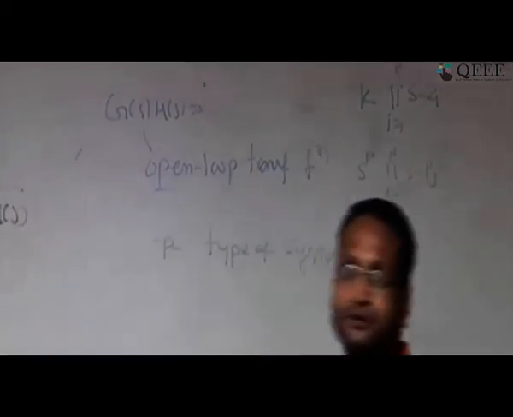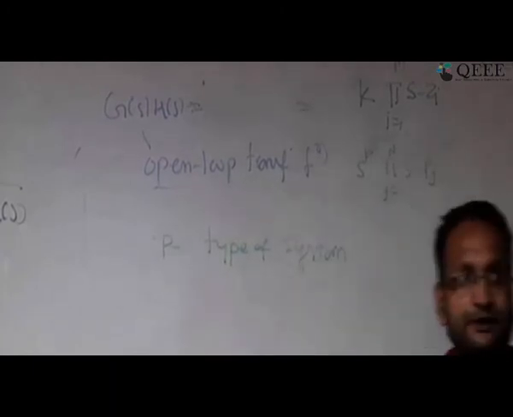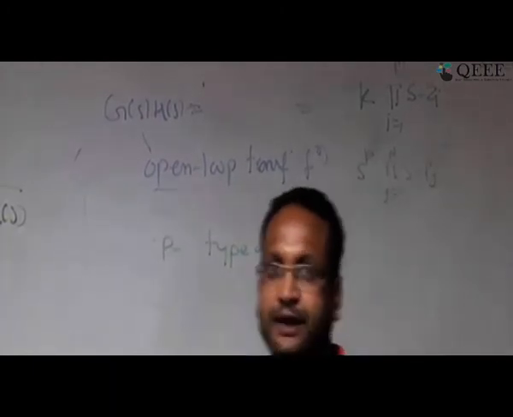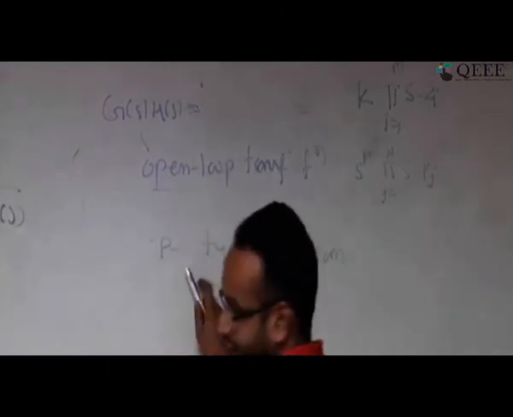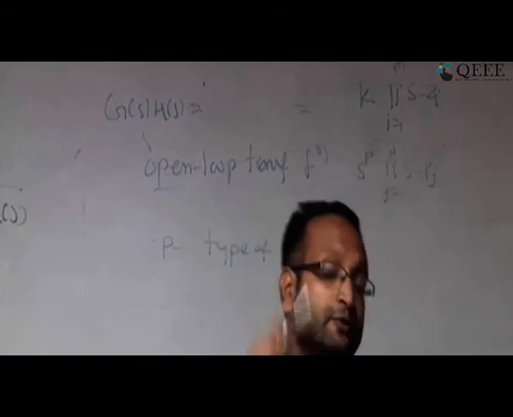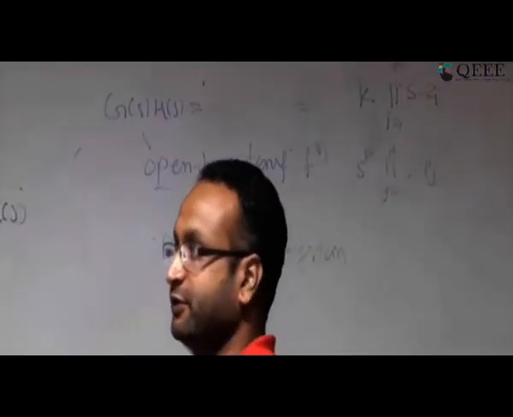So if p equals 0, we say type 0 system, p equals 1, type 1 system, p equals 2, type 2 system. In general, I can write a type n system. I want to emphasize one point: this type of system is different from the order of the system. So don't get confused that the order of the system is equal to the type of the system.